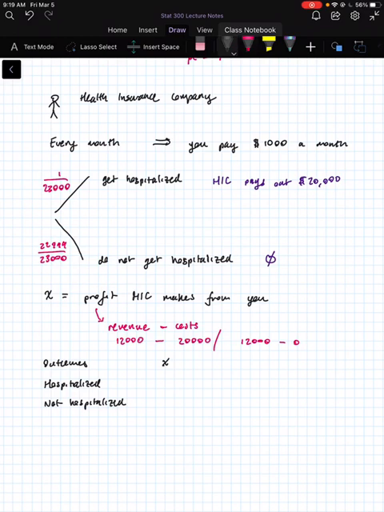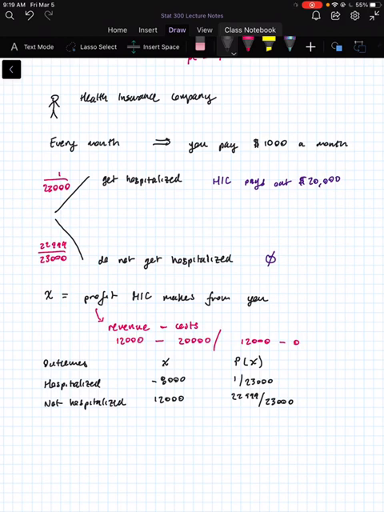So their profit ends up being either negative $8,000 or $12,000. But the probability of each outcome, so the probability of X, that's going to be the same probabilities that we wrote earlier, which is 1 out of 23,000 and 22,999 out of 23,000.